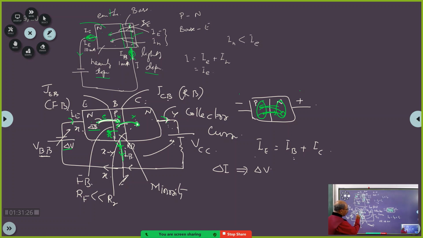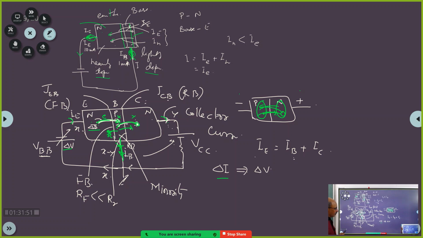Now, the majority of this delta I current will go to the collector. Most of the delta I will travel to the collector region. Correct? Only some will travel to the base region. Why?